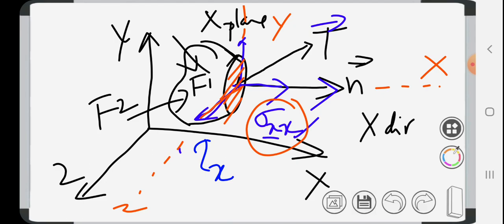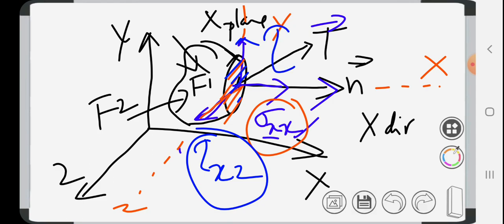Since this is acting in the x plane, with the direction being z, this is tau xz. Now what will be this one? Here also it is acting tangential to the plane, so naturally tau, x plane, direction y, tau xy.